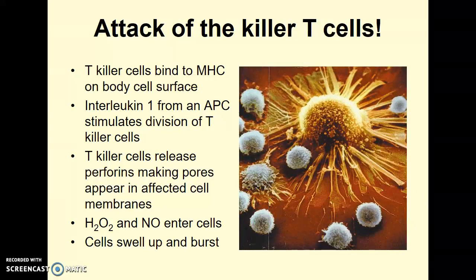Interleukin-1 from an antigen-presenting cell will stimulate the division of these T killer cells, and they release perforins, which make pores appear in any of the infected cell surface membranes. So that means hydrogen peroxide and nitric oxide enter the cells. Neither of those are particularly good for the old cell, and they swell up and burst, leaving behind respiratory substrates and so on that could be used and recycled in the body.